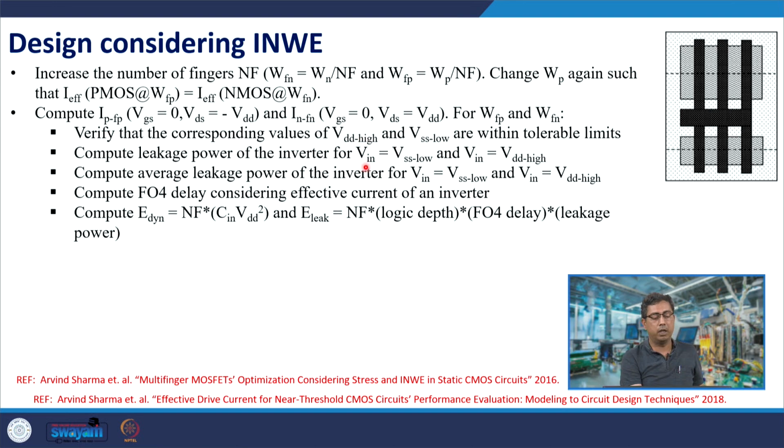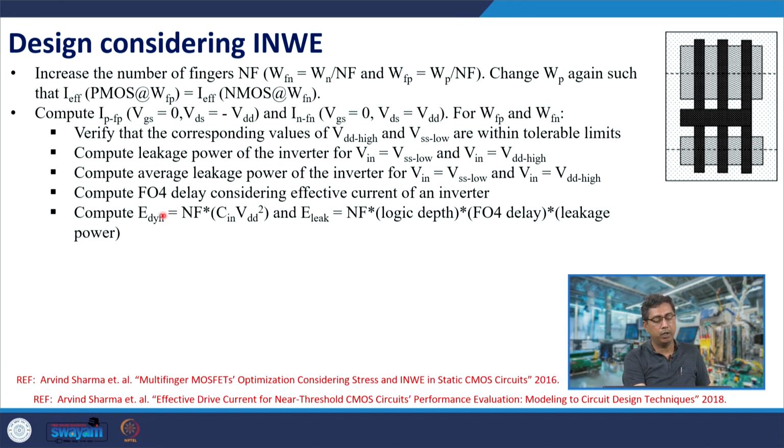Then, for the leakage power of the inverter, you will again do it at a finger level and see what the value of the leakage power is. Then you will calculate the average leakage power, that is for the input being 0 or the input being VDD, and then you would compute the FO4 delay from the effective current for the new finger width.